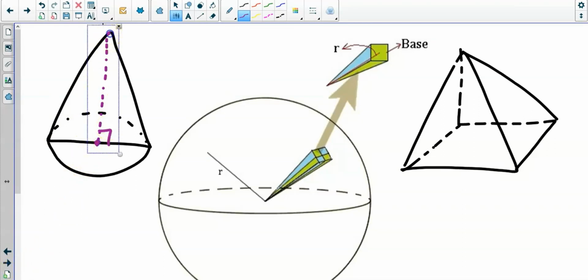Another one of your heights is right here, that's along the outside. Okay? On a pyramid, one of your heights is right here. It drops down into the center and is perpendicular there. Another height is along the side here and is perpendicular.